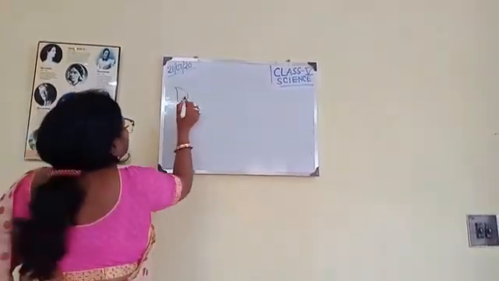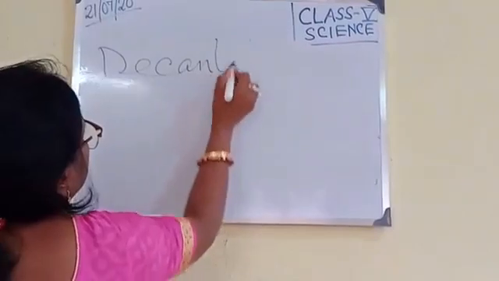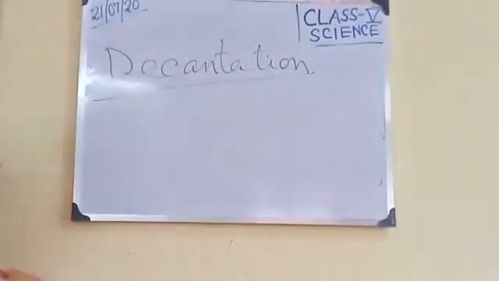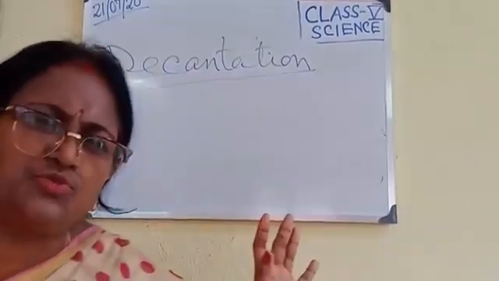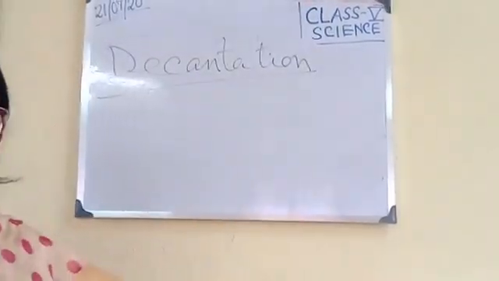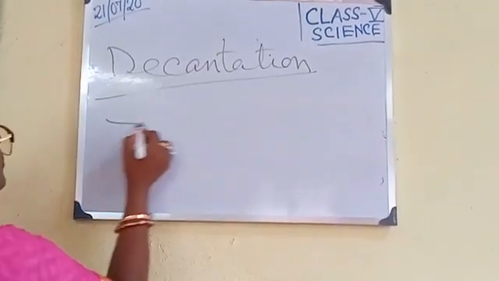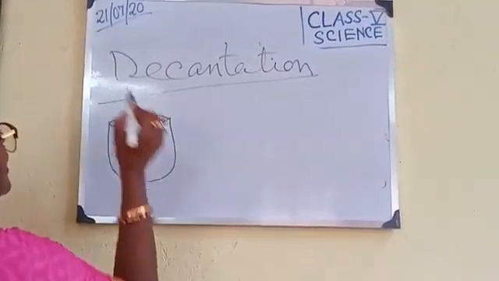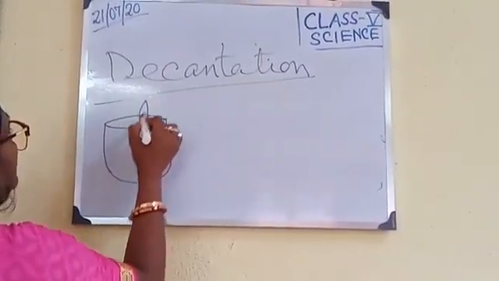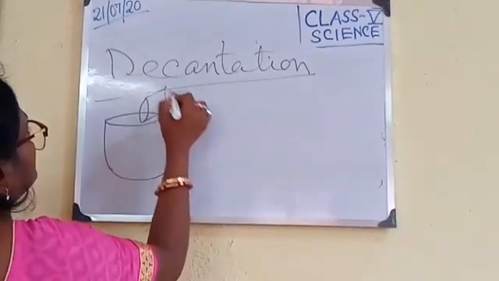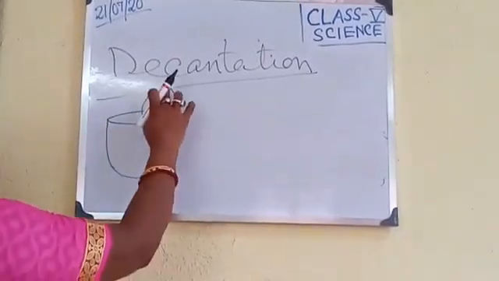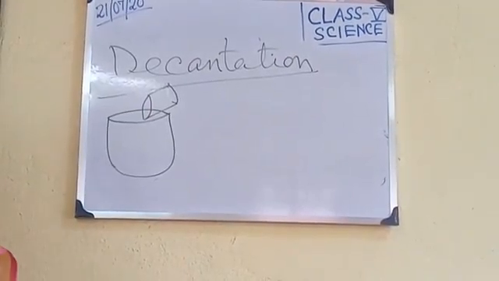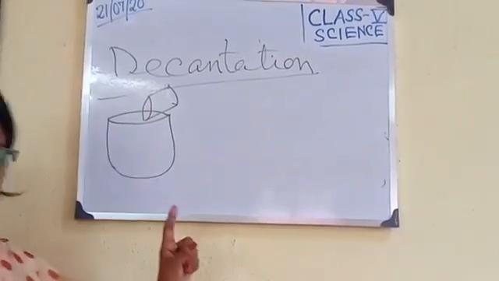So what is decantation? I hope you can understand. Now look at the board. Take another beaker and pour that clear water from that beaker where already we have seen sedimentation.